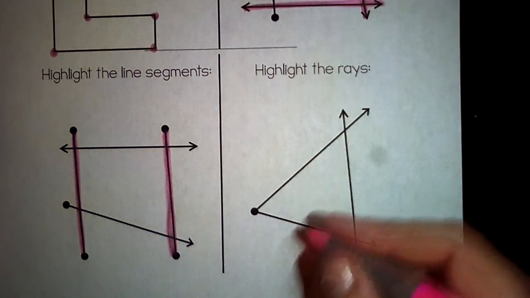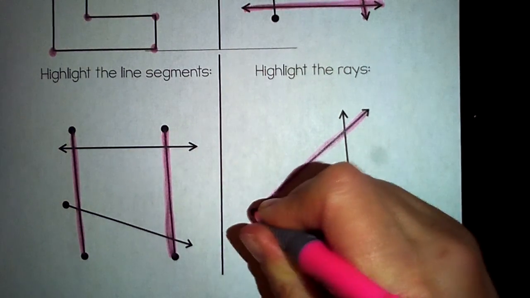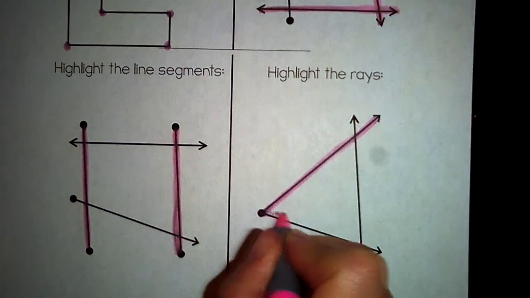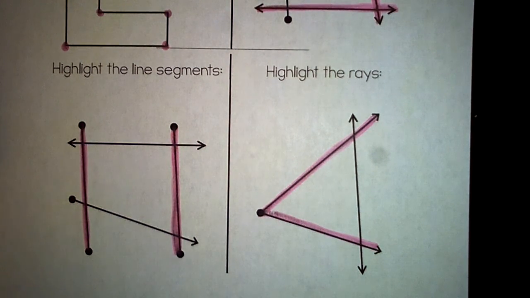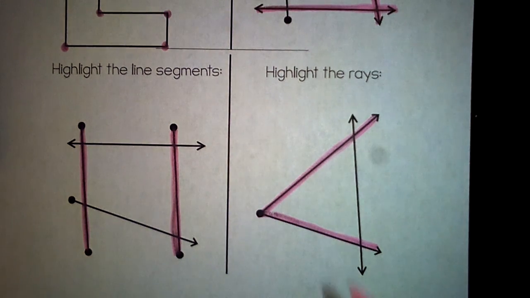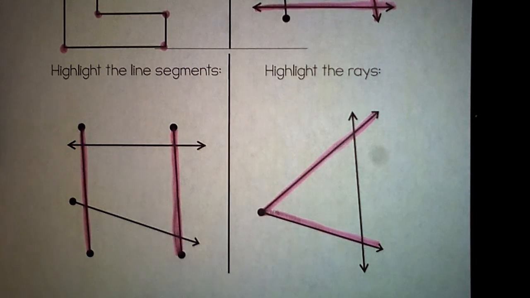So let's see. We've got this ray, one endpoint going on to infinity in one direction, and we've got this ray going on to infinity in that direction. And they actually have come together to share an endpoint and form an acute angle, but that is a conversation for another day. I'm not going to highlight this because it's what? A line. Exactly.